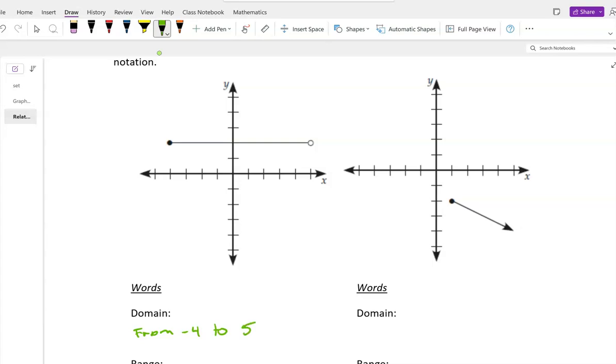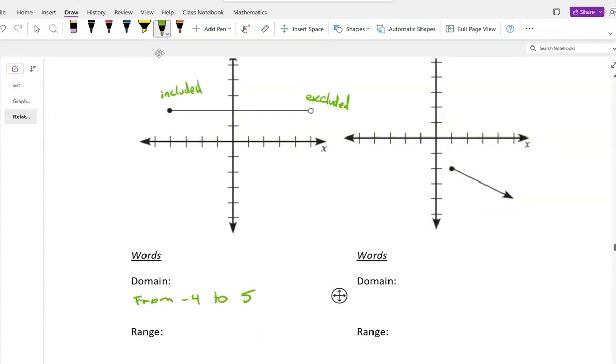Now, that's not quite true though, because -4 and 5 have different dots. -4 is included. If you want to make a note here, this means included. This means excluded. So we're only going up to 5. We're not including it. So from -4 to 5, we should say including -4, but not 5.